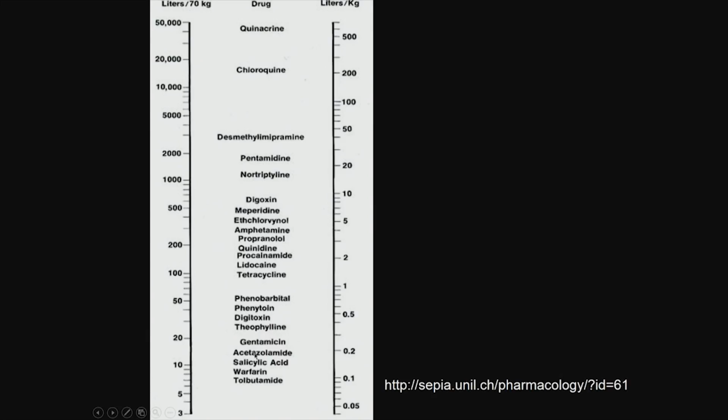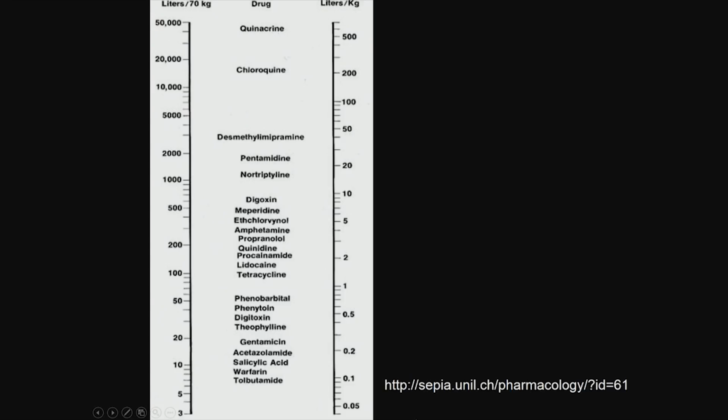Salicylic acid, because it is hydrophilic, then theophylline, digitoxin, phenobarbital, like that it goes. Chloroquine, this is your anti-malarial, highly hydrophobic, lipophilic, so the volume increases to 20,000 or 200 liters. So with highly hydrophilic polar groups, the volume will be low; with lipophilic, the volume will be very large. So the drug gets diluted.